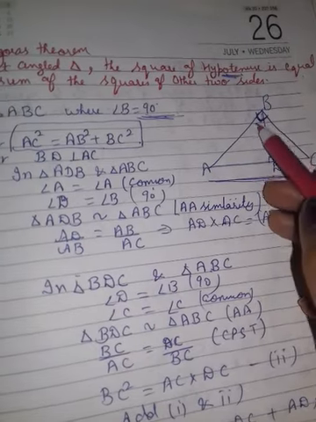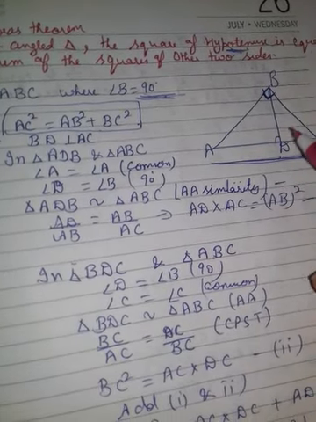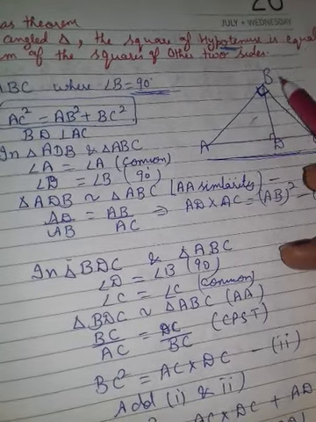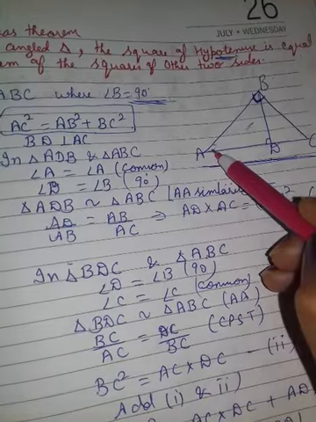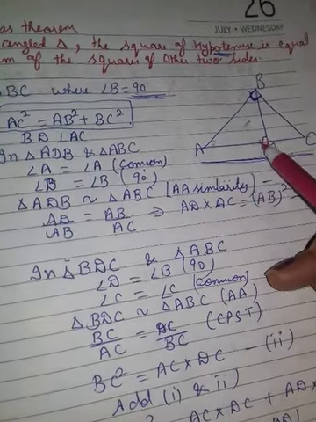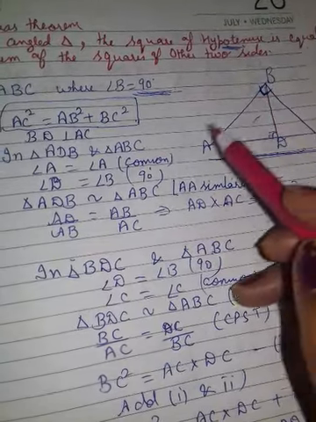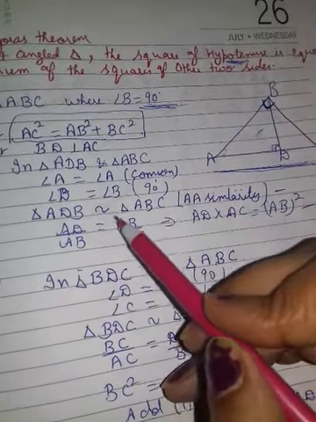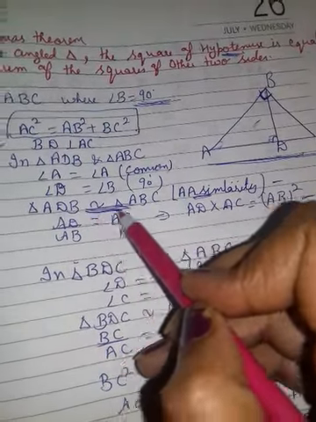After that I have taken the triangle ADB and triangle ABC. Two triangles I have taken, the small one and the big one, where angle A is common in both. Angle D is 90 in the small triangle and in the big one B is 90. With the help of AA similarity I proved these two triangles are similar.